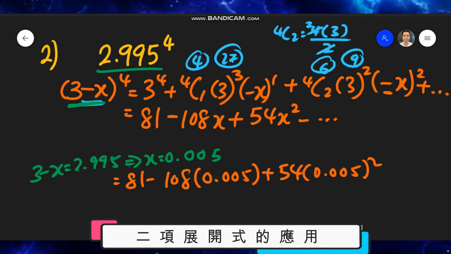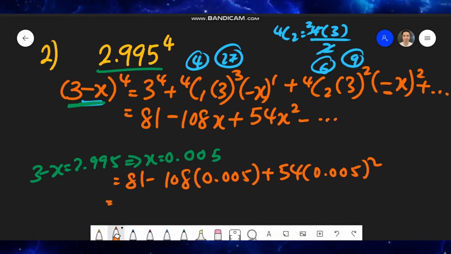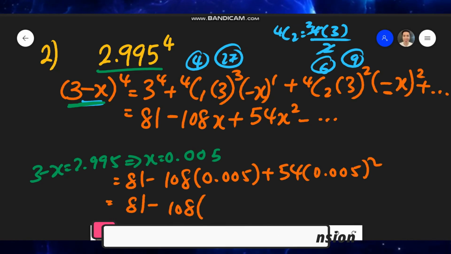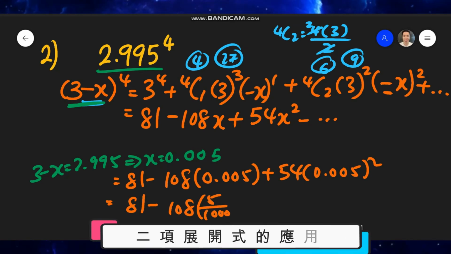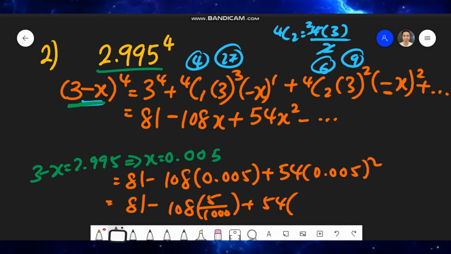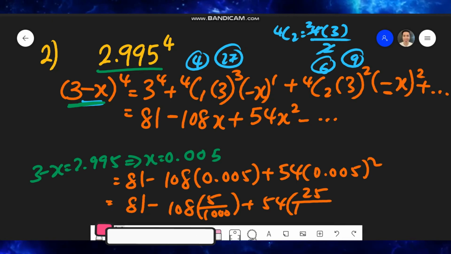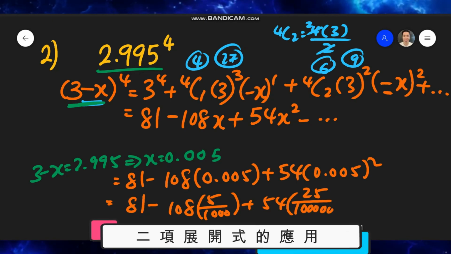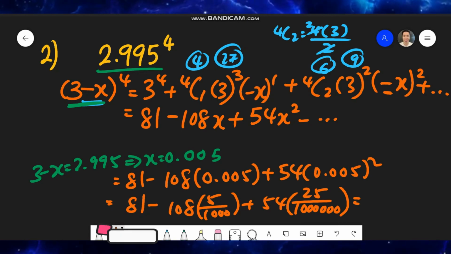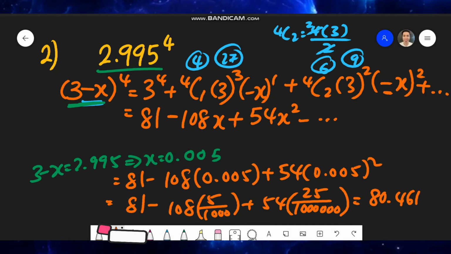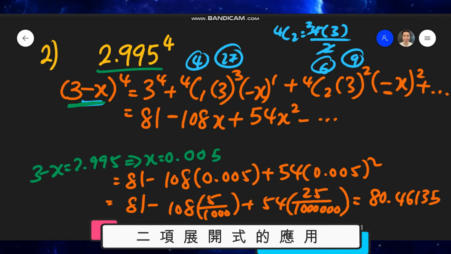So hence we have this 81 minus 108. This one we can change to 5 over 1000, right? Plus 54. Then here is 5 over 1000 square, which will give us 25 over 1 million, right? And actually, if you can do it fast, then our final answer will become 80.46135, okay, which is correct to 5 decimal places.